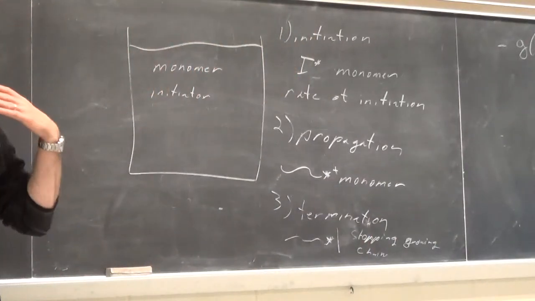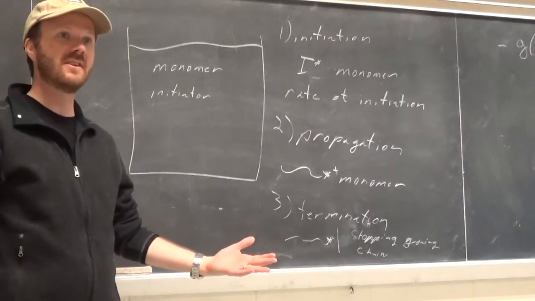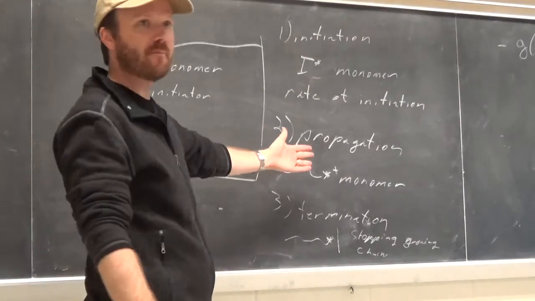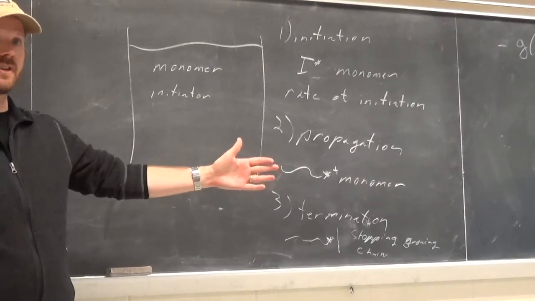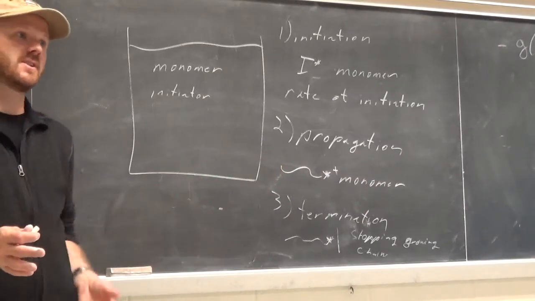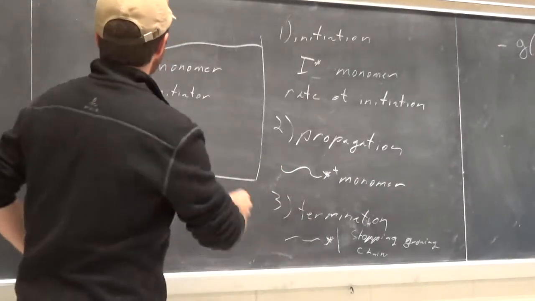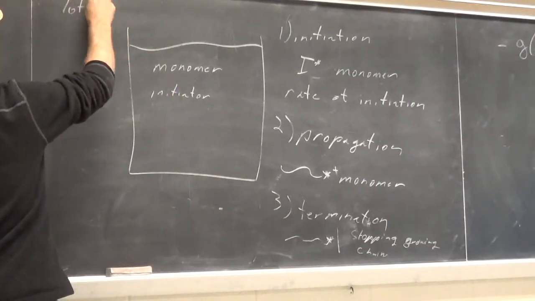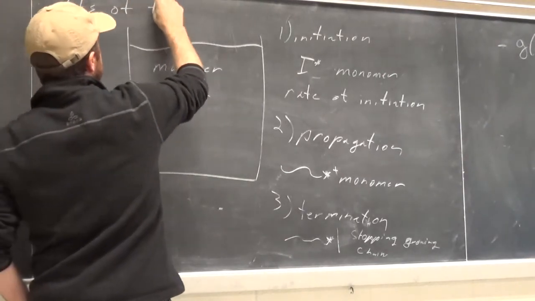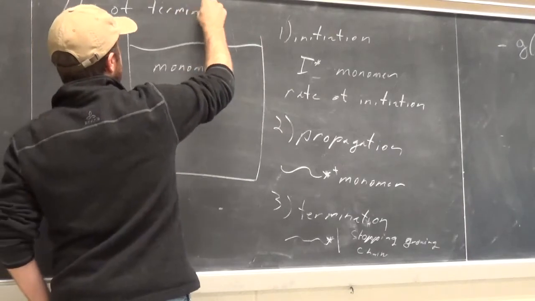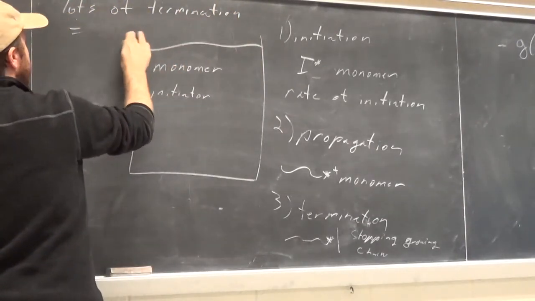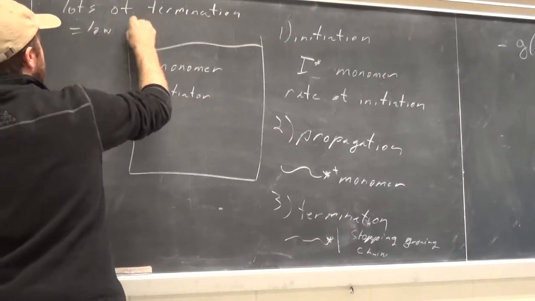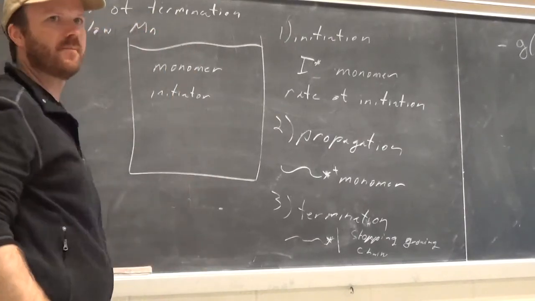If we have lots of termination and just moderate propagation, what's going to happen to the molecular weight? It's going to be relatively low, right? If we're getting lots of termination, this tends to give low Mn.